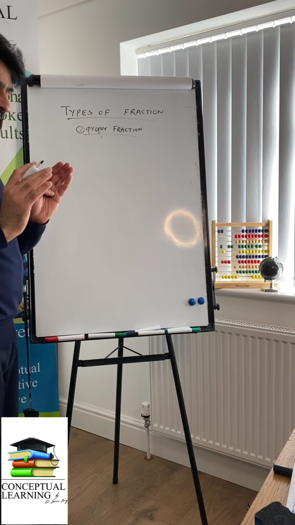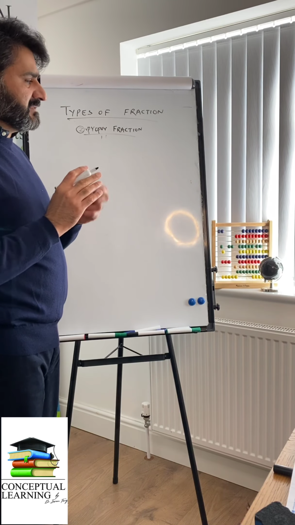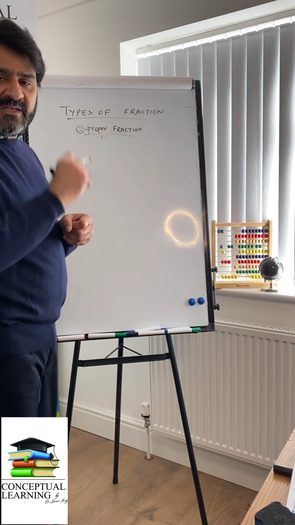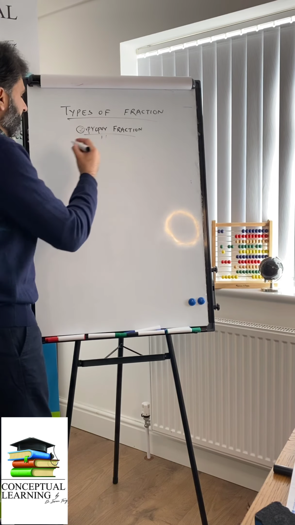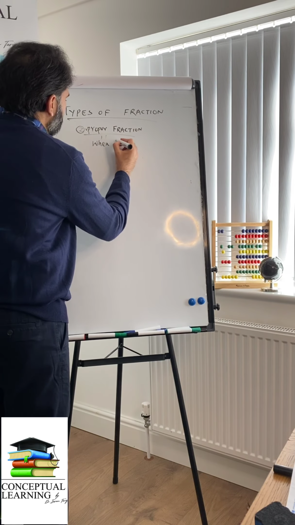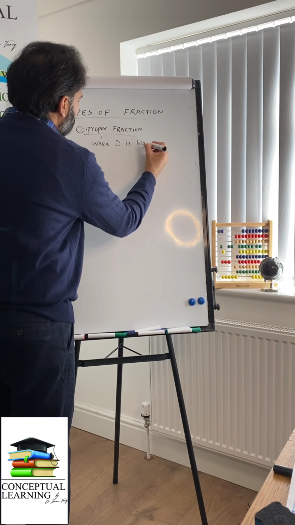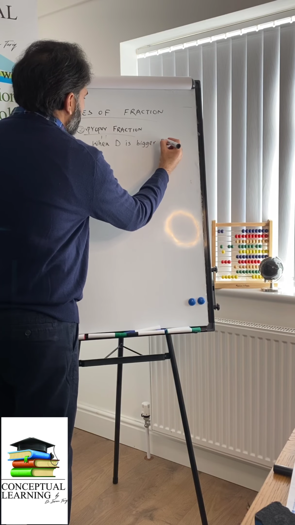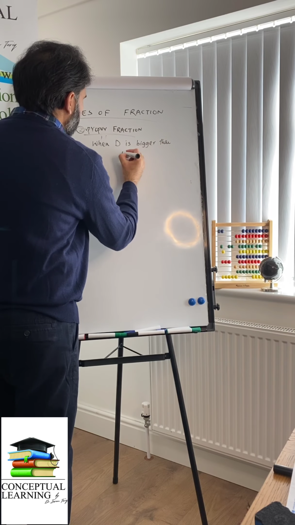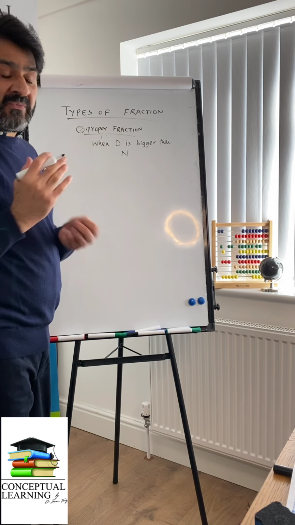A proper fraction is when its denominator is bigger than the numerator. So we go the other way around: when d is bigger than n, that kind of fraction is called a proper fraction.